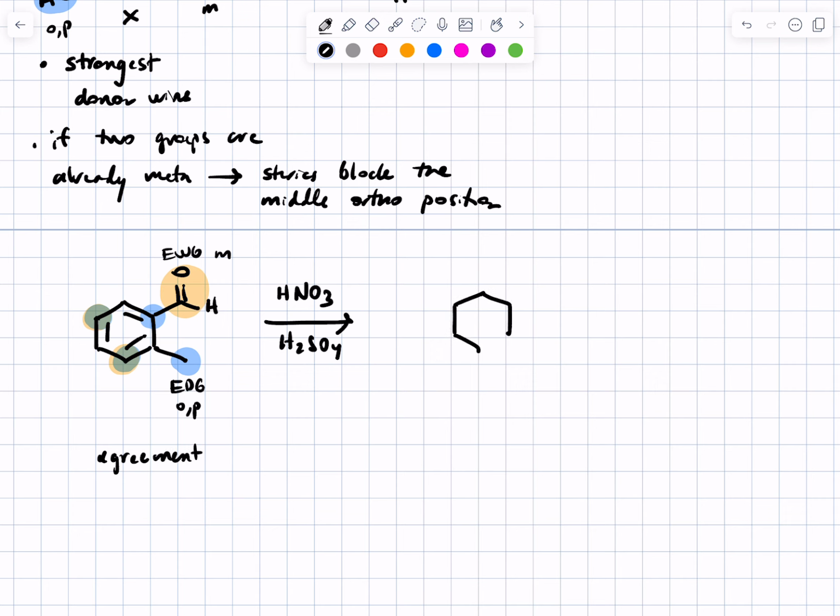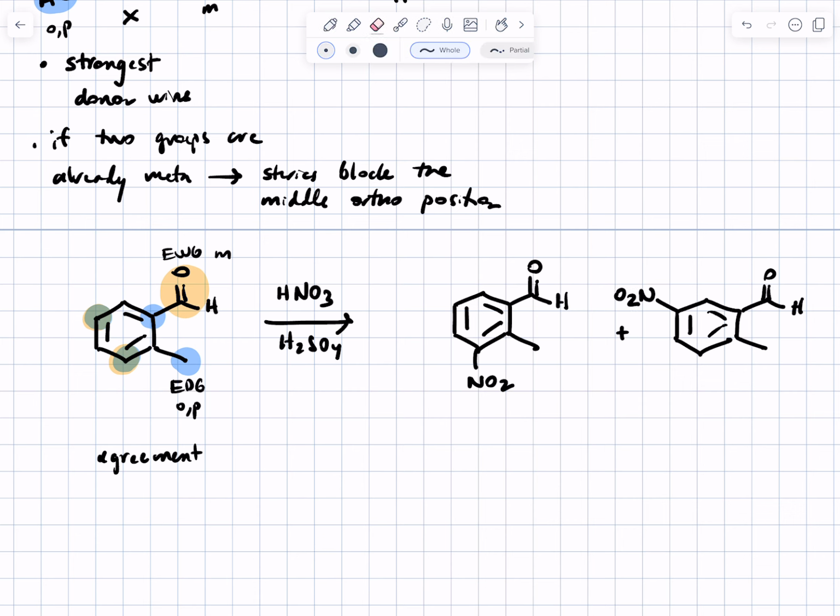So the two products we would get are where the new nitro group goes on either this carbon or this carbon. We don't see any of the other options where the nitro group is on the carbons that are ortho and para to the aldehyde.